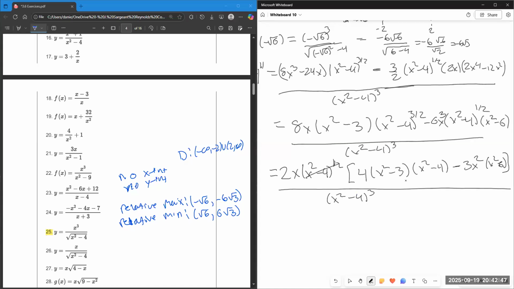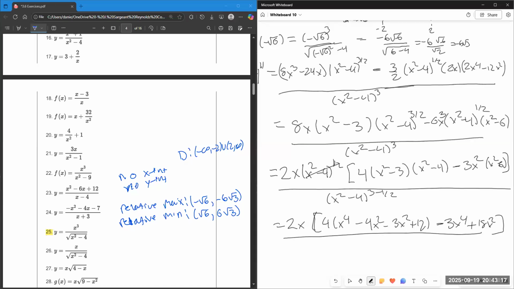So when I take that 1/2 down, this is 2x times 4x squared minus 3x squared plus 12 minus 3x to the 4th plus 18x squared, over (x squared minus 4) to the 5/2.